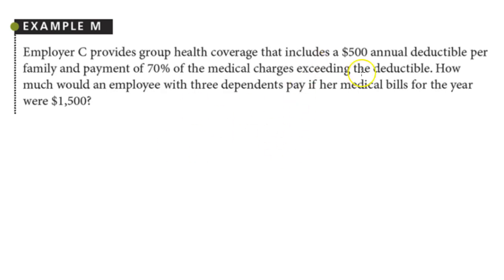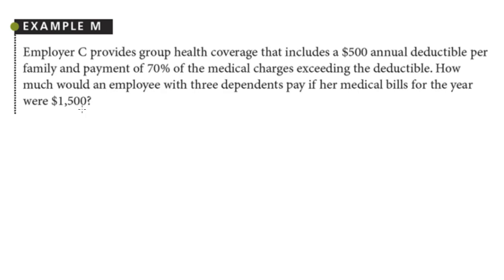So how much would an employee with 3 dependents pay if her medical bills for the year were $1,500? So the total medical bills were $1,500. We know how insurance works, dealing with automotive insurance before we dealt with deductibles. We know deductibles kick in first, which is how much the employee has to pay.